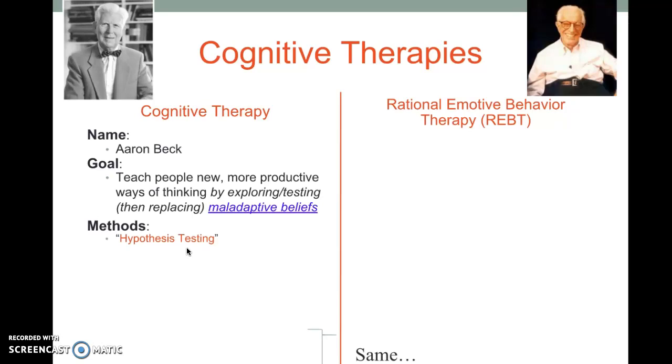Does that by default mean that 80% of the people in the school are failures? Like that seems extreme. So if it's not true that getting anything less than an A means you're a failure, what might be a more helpful way of thinking about it? So you might generate some possibilities and have them try those out. For example, it might be more helpful to think that getting something other than an A reflects the fact that you've got a little bit more to study before you've reached your goals.